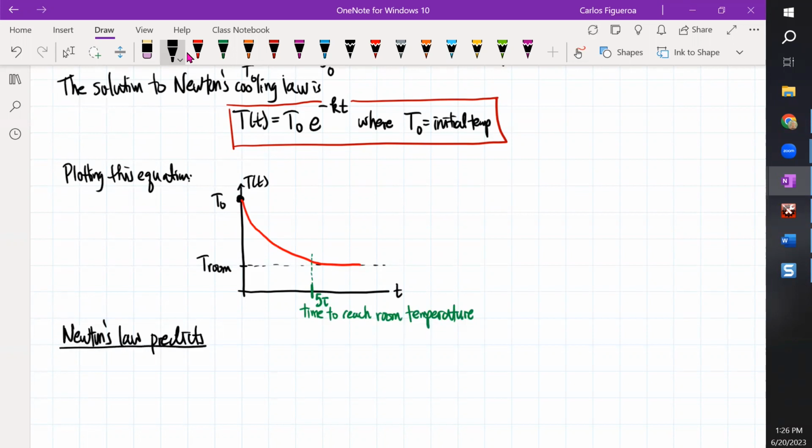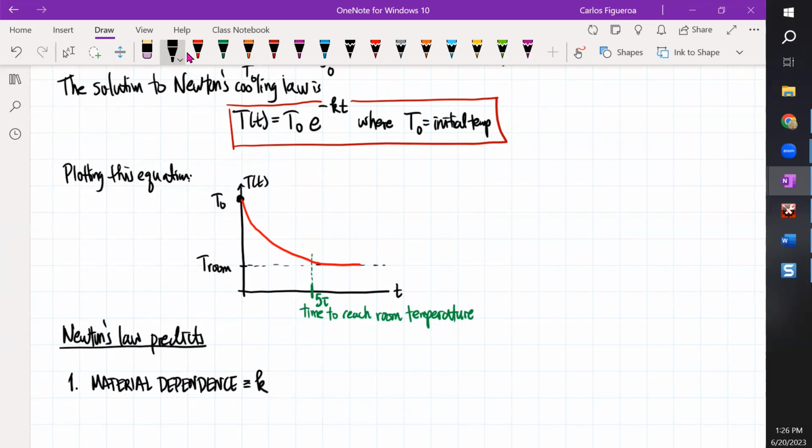The first one here is k. If I look at the material dependence, it is completely shoved into k.